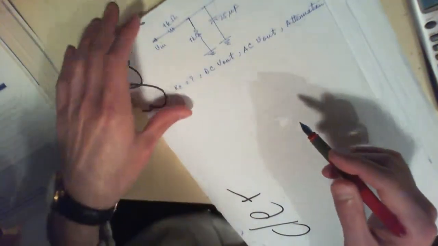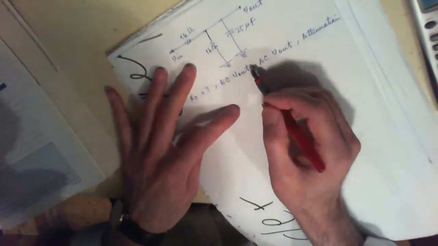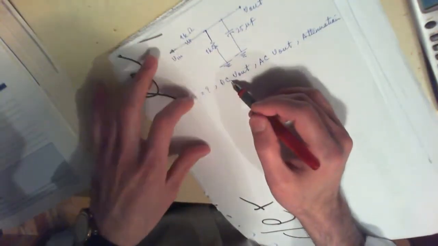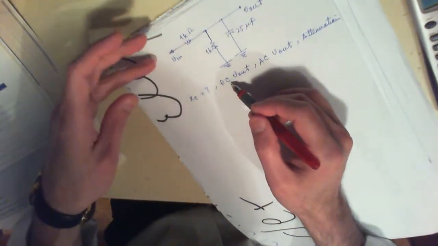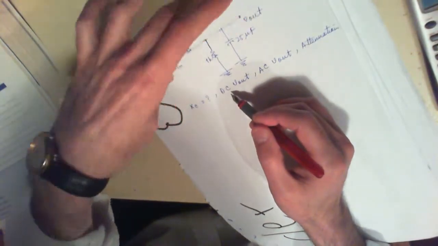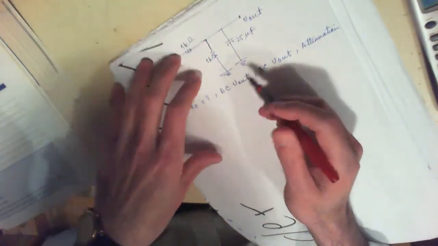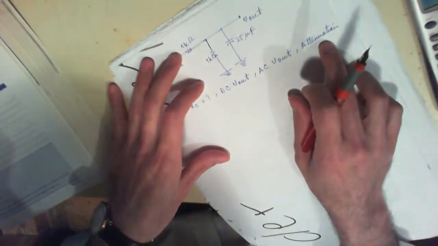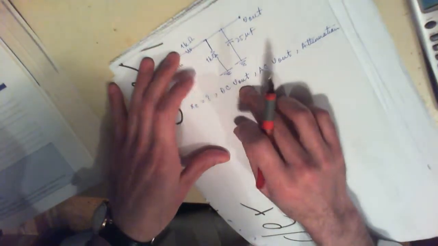So for example, when you calculate the DC output of this voltage, then you have a certain amount of DC voltage coming in and a certain amount of DC voltage going out. And then if you take the ratio of those two, you will have the attenuation related to your DC signal.